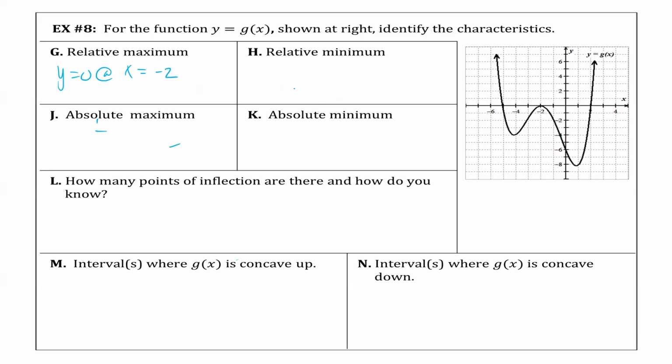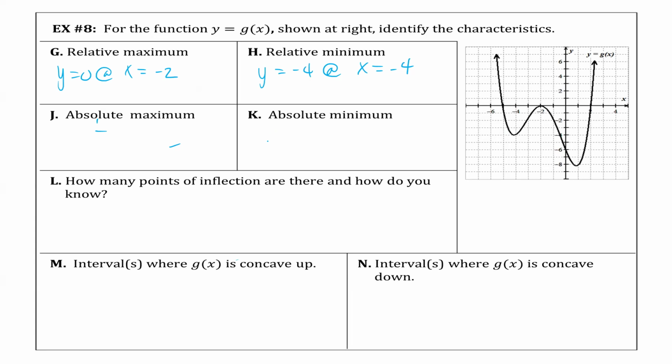Sorry, where's our relative min? -4. So we have y equals -4 at x equals, I just want to make sure we all know where it's located. I'm being as detailed as possible, right? It's my notes, so I know where I'm coming from. All right, so that's my relative min.